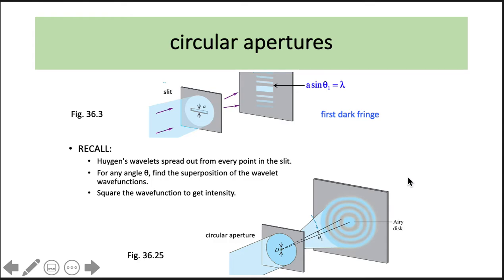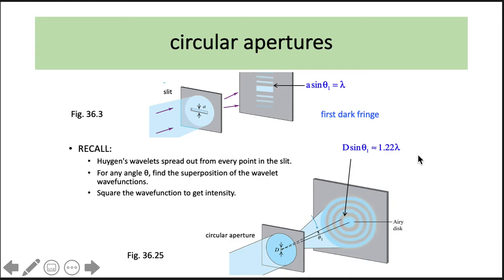You get this result, just stated without proof: the angle out from the center of the pattern to the first minimum, theta 1, obeys d sine theta equals 1.22 lambda. Not exactly 1.22, that's rounded off a little bit, but that's good enough. D is the diameter of the opening, so it plays a similar role to a, the slit width. d sine theta 1 is approximately 1.22 lambda.